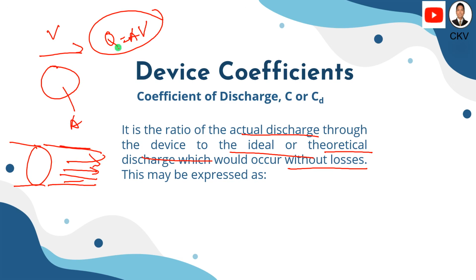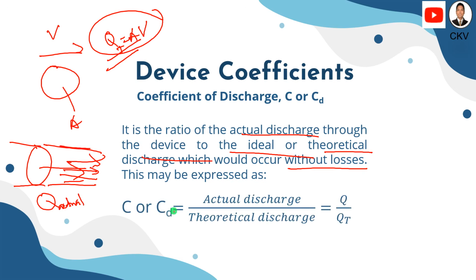So theoretically, we can determine the flow rate using the area and the velocity by this formula, area times velocity. But in reality, the value of that flow rate is not the same as the actual discharge. So we have device coefficients that will be used in determining the actual discharge. The device coefficient can be computed as the actual discharge divided by the theoretical discharge.